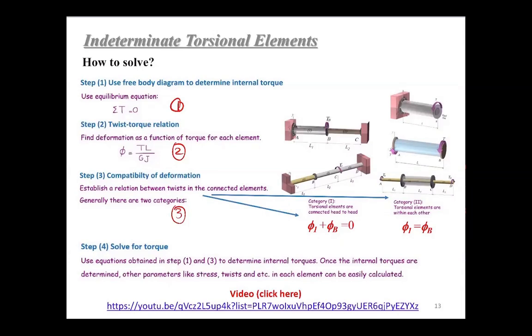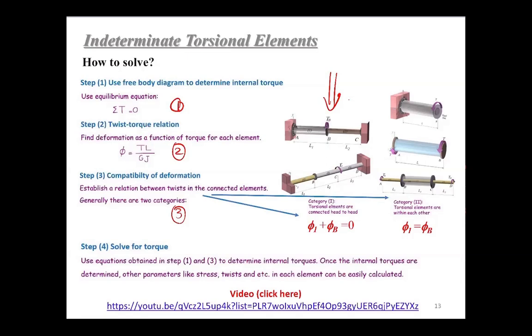Okay, so here just see in what conditions we cannot find enough equations to solve for internal torques. The first one will be very similar to the first case in the last chapter. You have 2 sections connected together, and on both ends they are fixed.